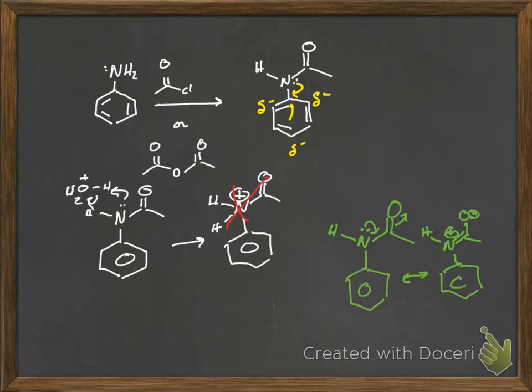Now, you might be asking yourselves, well, which one is it? Is the pair of electrons pushing through the ring making it an ortho-para-director? Absolutely. Is the pair of electrons in some sort of resonance or hybrid form through the amide? Yes. They're both happening at the same time. Electrons can really get around. But the thing to remember here is what they are not is available to pick up a proton.